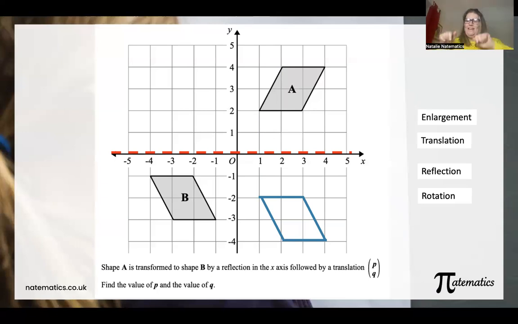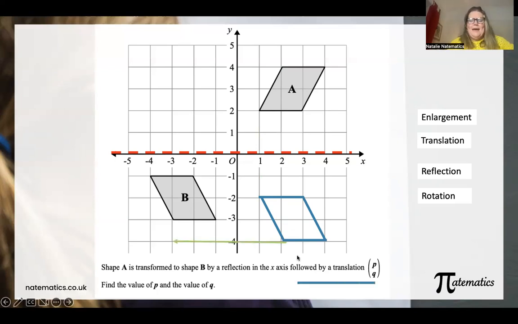Now, what is that PQ thing? You've done your revision and obviously been listening to the rest of this course. That P tells us whether it's moved on the x-axis, positive or negative. And the Q tells us whether it's moved on the y-axis. Okay, so they're representing a number that we don't know at the minute, but we can work out. So let's have a look at these then.